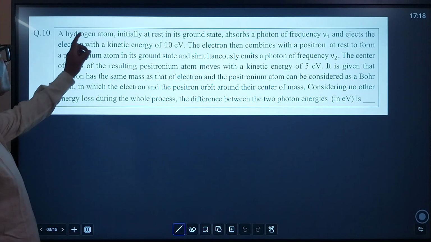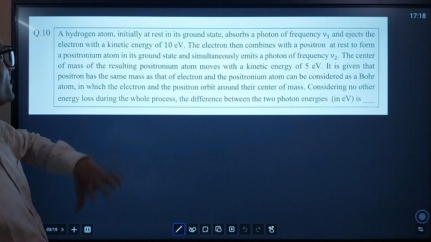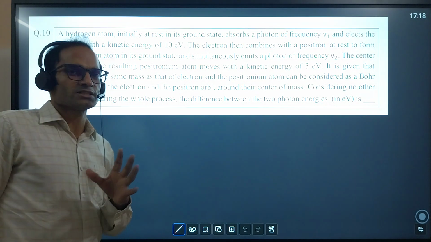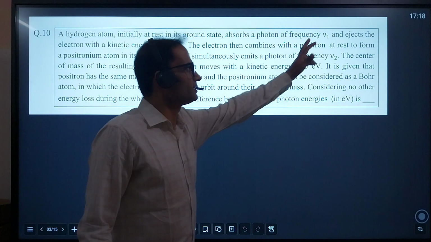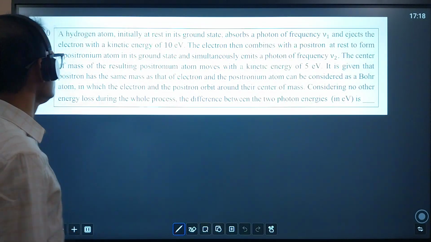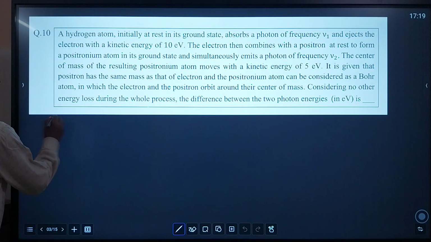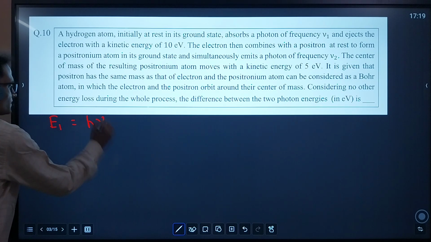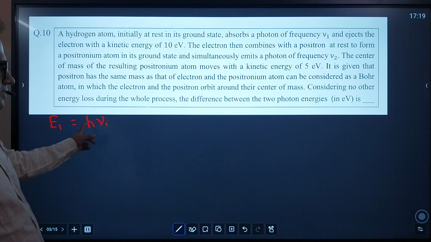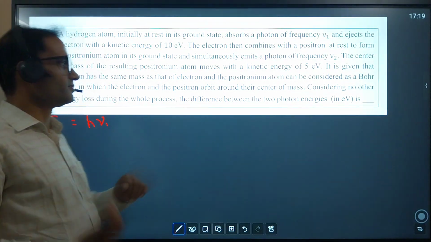So we have a hydrogen atom, initially in the ground state. Some photon is striking it. The photon's frequency is given. It will have some energy E1 given by this formula, Planck constant into the frequency.